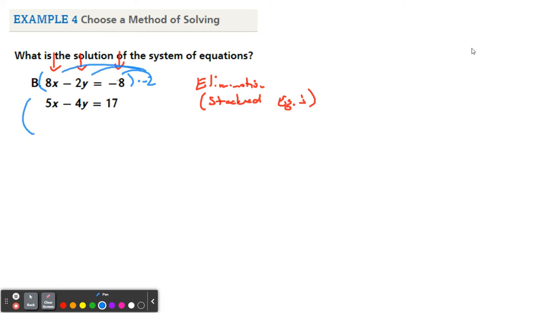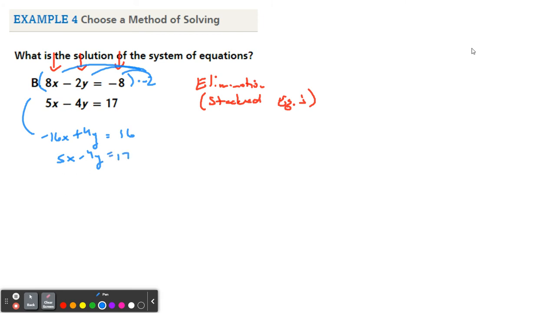So when I do that, 8x times negative 2 is negative 16x. Negative 2 times negative 2y is positive 4y. And negative 8 times negative 2 is positive 16. Oof. Don't make that mistake. Positive 16. I'll just bring down the second equation. 5x minus 4y equals 17.